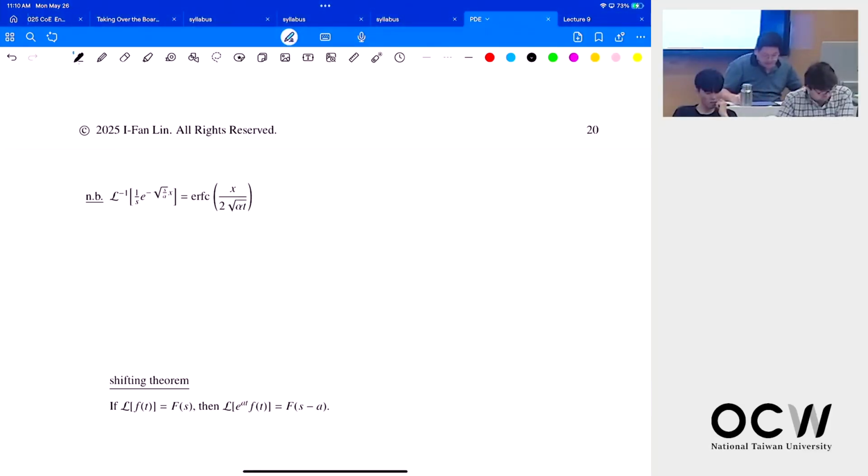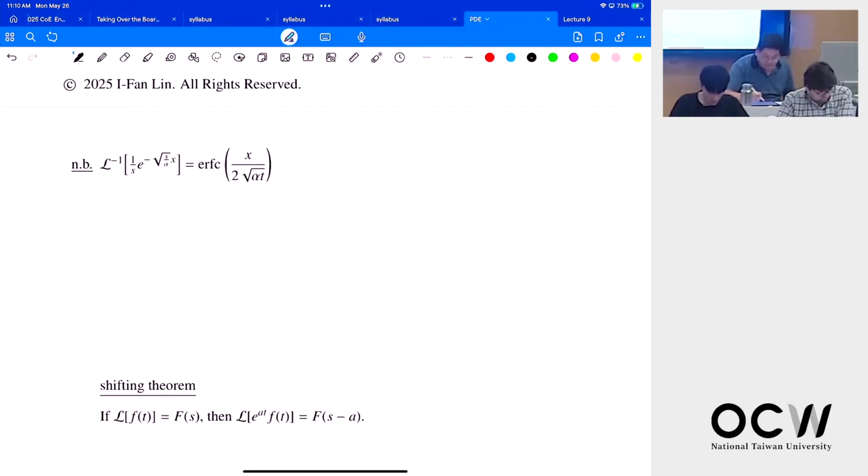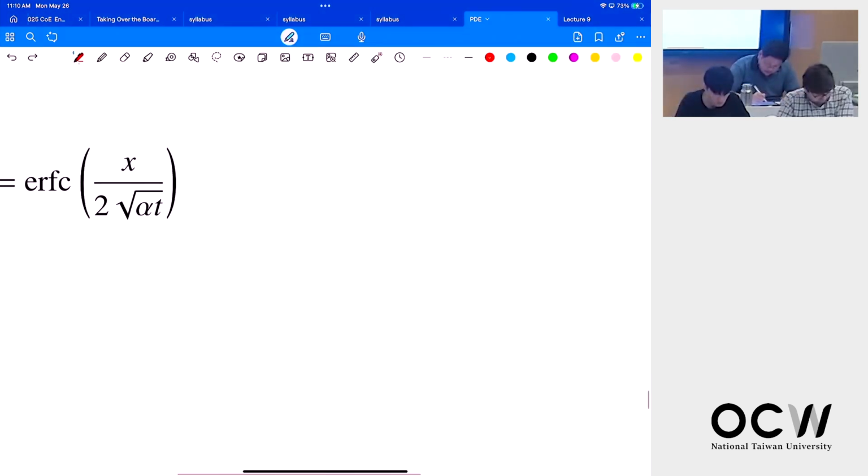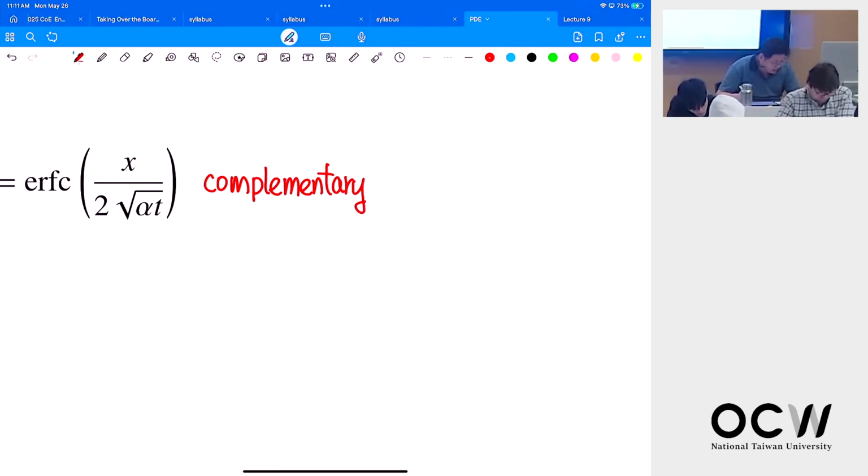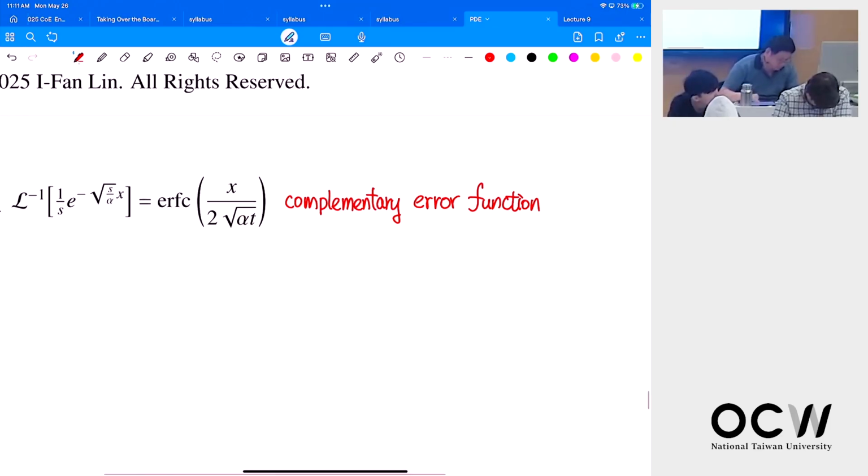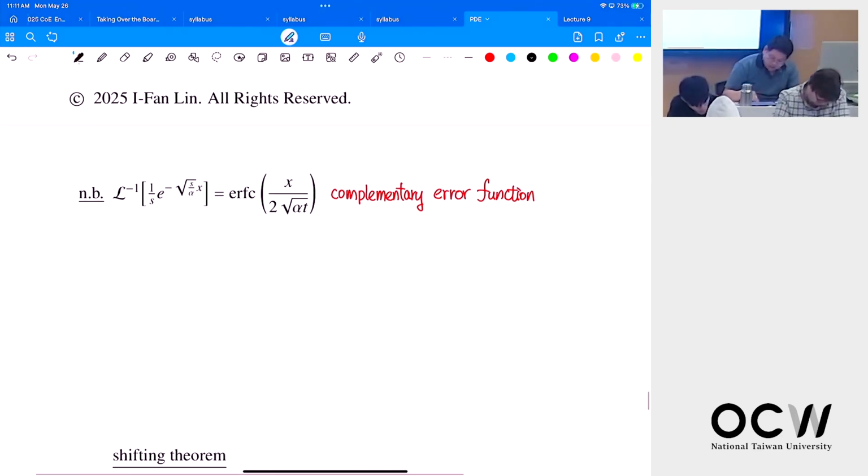For this Laplace transform, we need to know, for the inverse Laplace transform, this is called the complementary error function. So C means complementary and ERF means error function. So that's called the complementary error function.